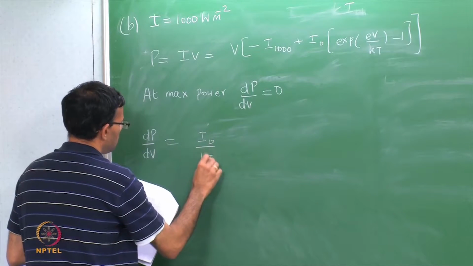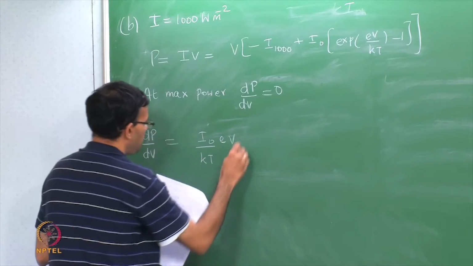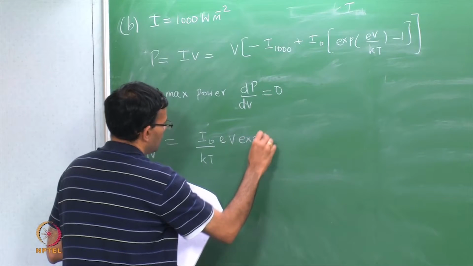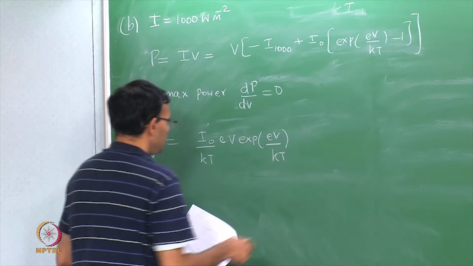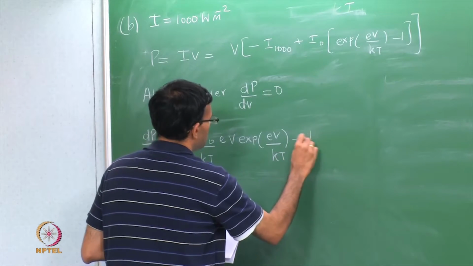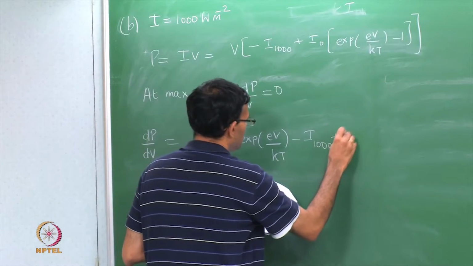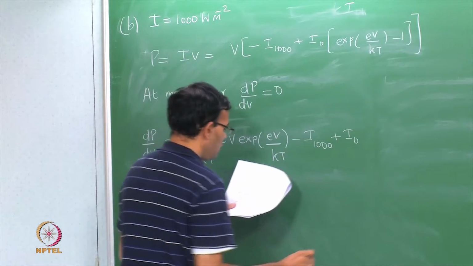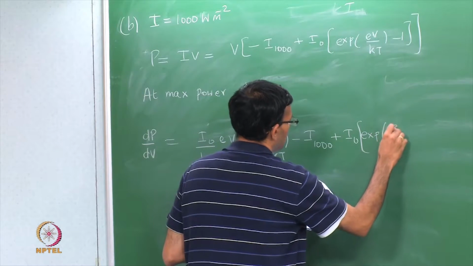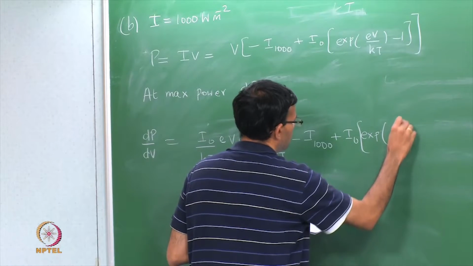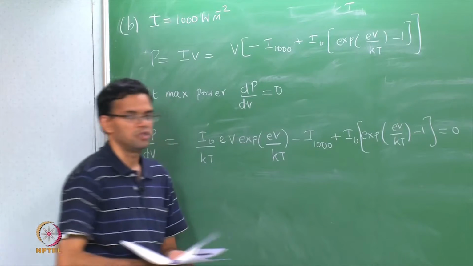is given by I naught KT by E V times exponential EV over KT minus I 1000 plus I naught exponential EV over KT minus 1, this is equal to 0.